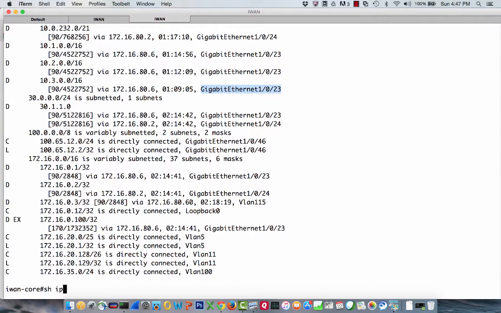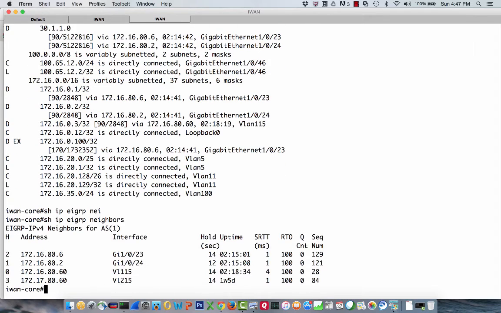Now again, if we do a show IP EIGRP neighbor, gigabit 1023 is actually my EIGRP neighbor from the core router up to the MPLS WAN hub, and gigabit 1024 is actually my connection to the internet DMVPN hub.